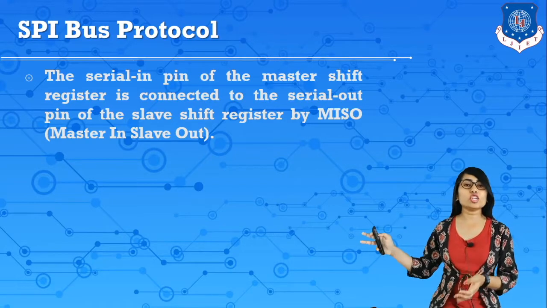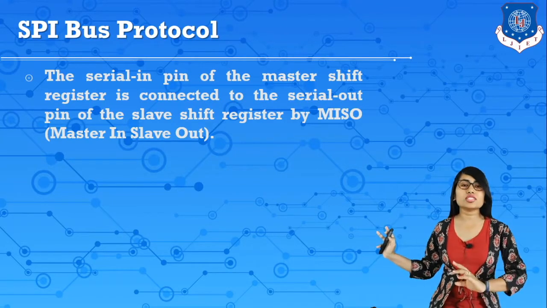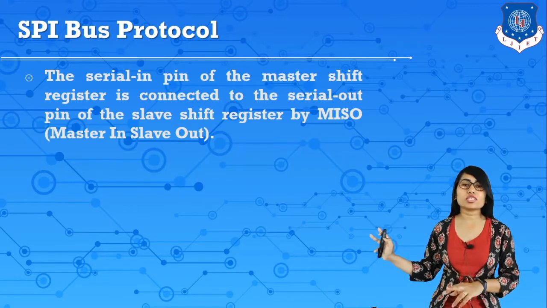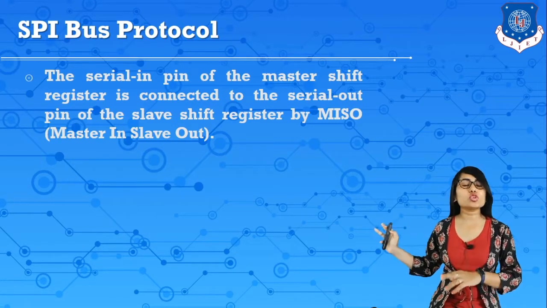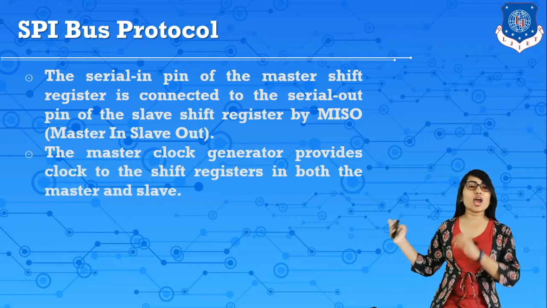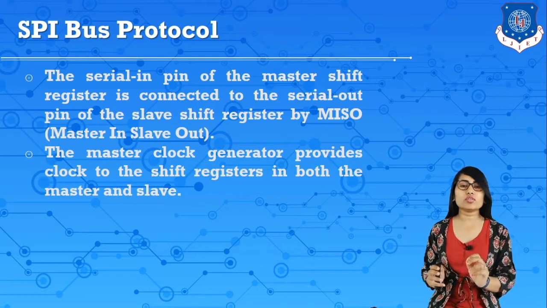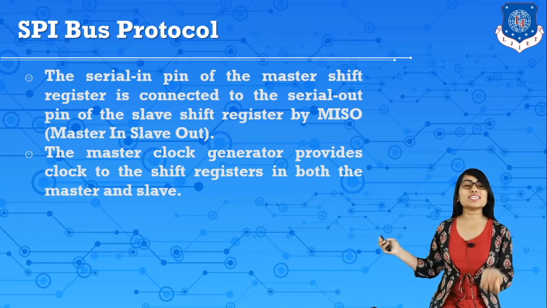The serial in pin of the master shift register is connected to the serial out pin of the slave shift register by MISO, that is master in slave out. The master clock generator provides the clock to the shift registers in both the master and the slave.